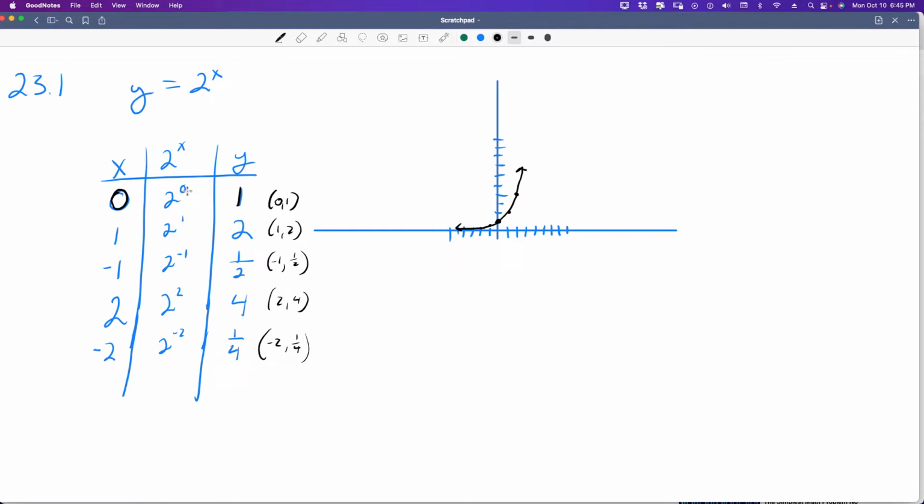When x or the exponent is 0, the answer to y is always 1. So if x is always 0, y is always 1, because any number to the power of 0 is 1. So every single exponential chart or exponential function is going to have this point.